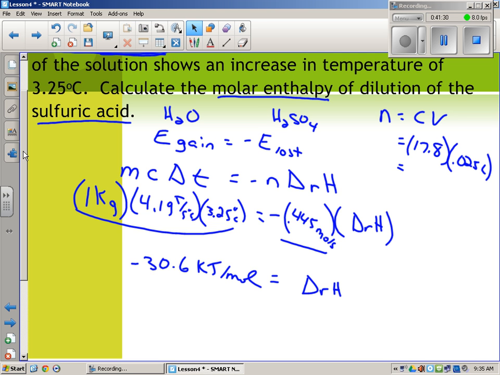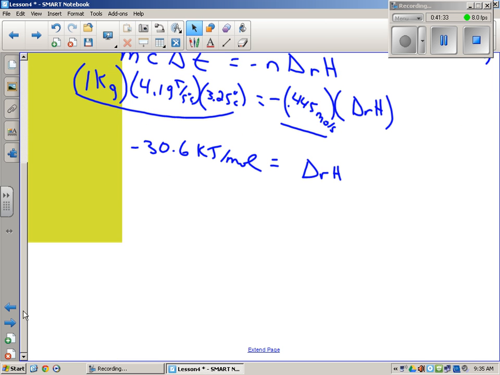And remember, by the way, when we do this formula here, is water always going to gain energy? What's an example where water doesn't gain energy? Something that cools down, right?